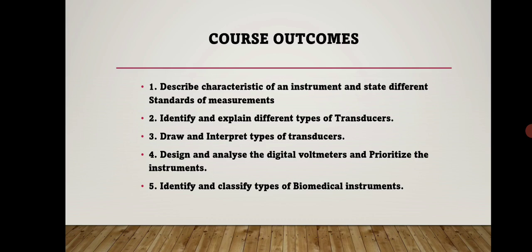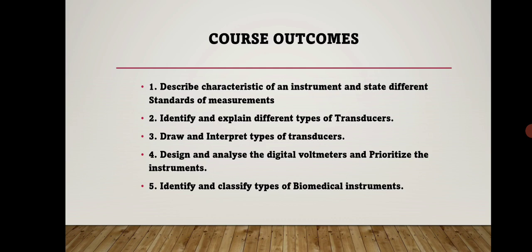After finishing your second unit, you should have an idea about what transducers are, the different types of transducers, and the internal block diagram of those transducers. You should have a clear idea. That should be the output of your second unit.